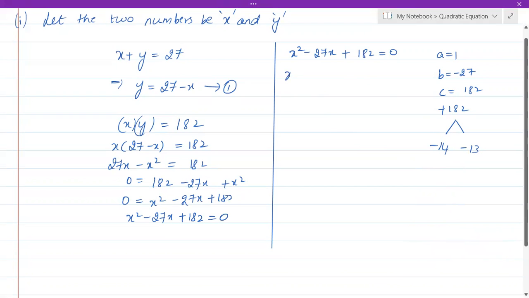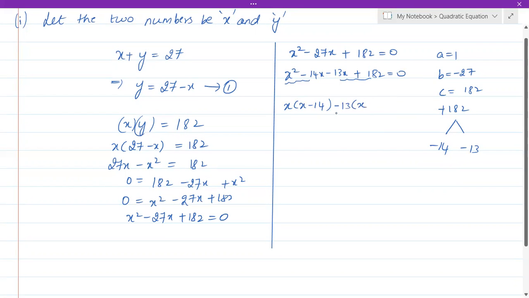So the first term, x squared, as it is, and instead of minus 27x, we introduce these two numbers, that is minus 14x minus 13x, and the last term plus 182 equal to 0. We take common factors between the first two and the next two terms. X is common, so we are left with x minus 14. Here the minus sign as it is. Between 13x and 182, it is obvious 13 is common.